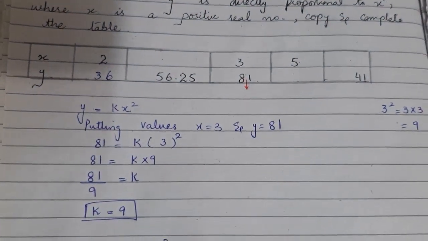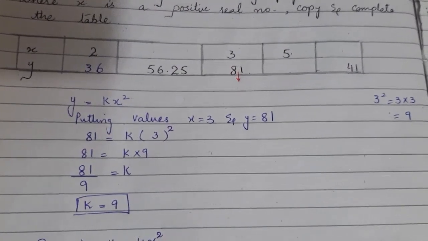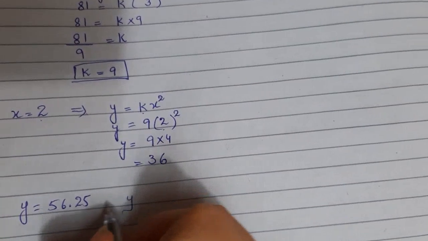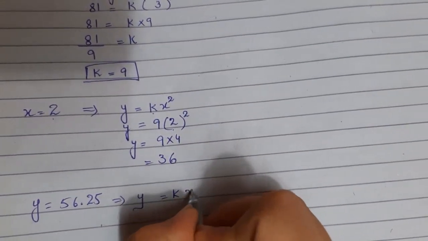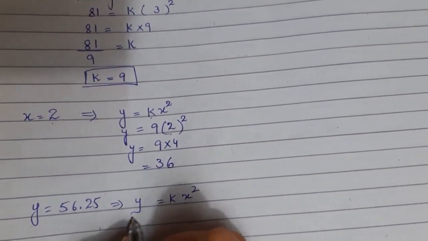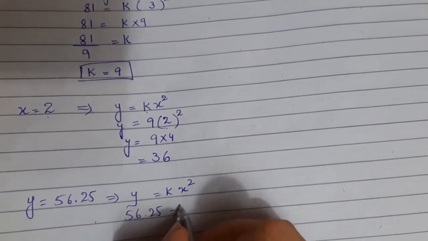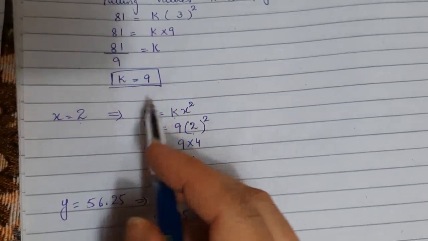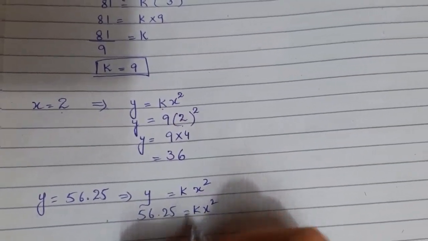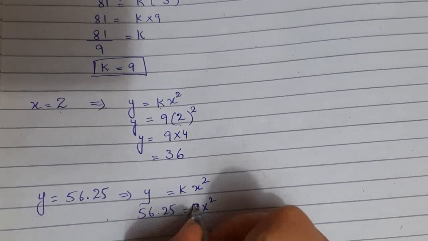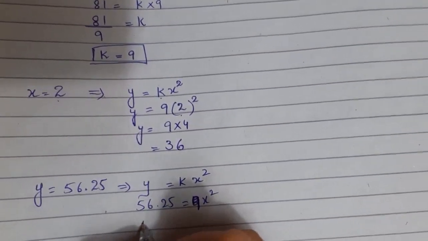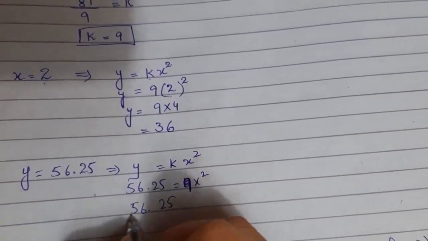And for y is equals to 56.25, we have to find the value of x, using y equals kx square. What is the value of k? The value of k is 9, so write it here, 9. 56.25 divided by 9 is equals to x square.